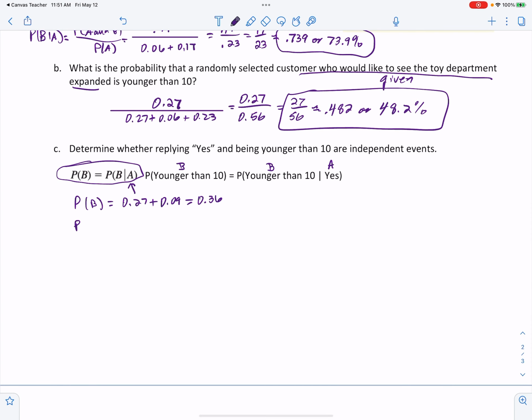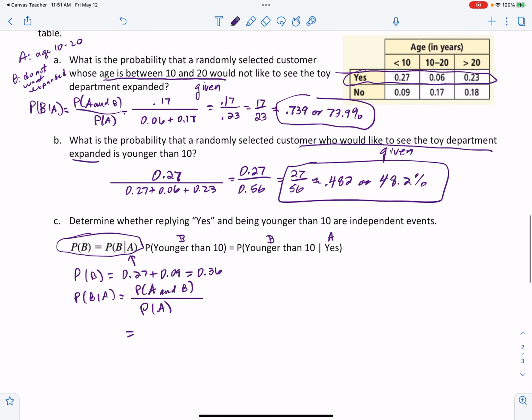The probability of B given A, you have to go back to the formula for conditional probability. The probability that they are younger than 10 and they say yes is that intersection of 0.27.